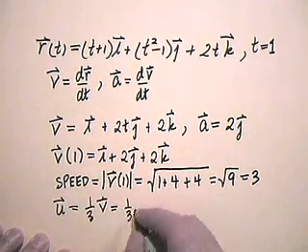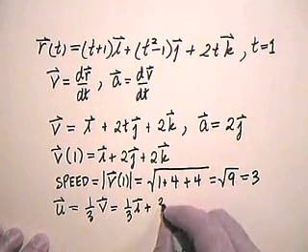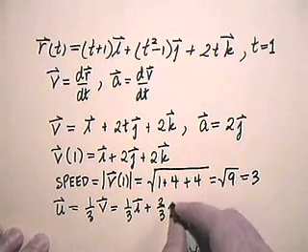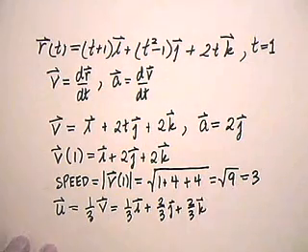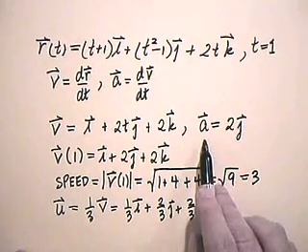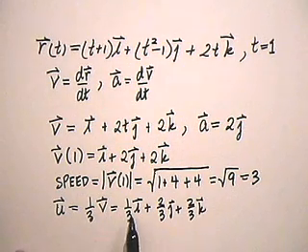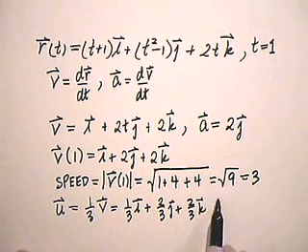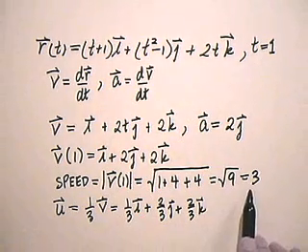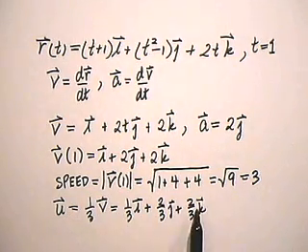So that's 1/3 i plus 2/3 j plus 2/3 k. Our acceleration vector is 2j, our unit vector in the direction of motion is 1/3 i plus 2/3 j plus 2/3 k, and our speed is 3. Notice if I multiply speed times the unit vector in the direction of motion, we get back to the velocity.